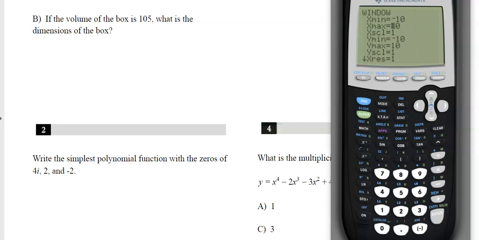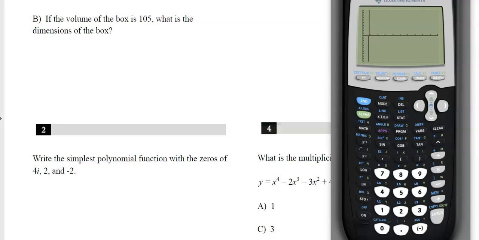Let's go all the way out from, I don't know, maybe 0 to 50, let's say. Go by 5s. All right, so I only saw the 1 right there, so I believe that was at 4.